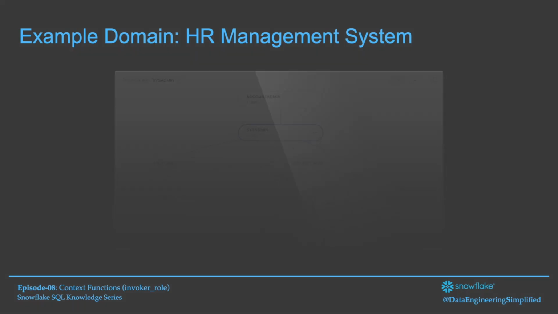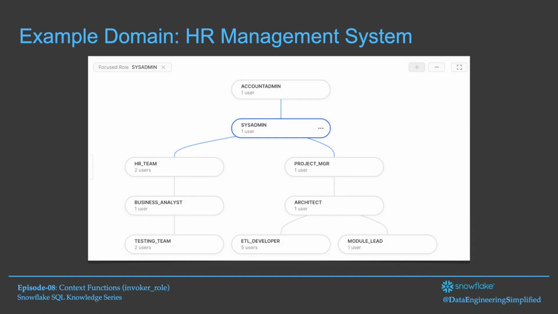To illustrate how the invoker role function works, I have used an example domain called HR management system. In this team, we have different roles called project manager, architect, ETL developer, and module lead. On the other side, we have an HR team, business analyst, and the testing team. The left side of the team members or roles are responsible to validate the functional part of the data, and on the right side, these are the people who are building the technical solutions.